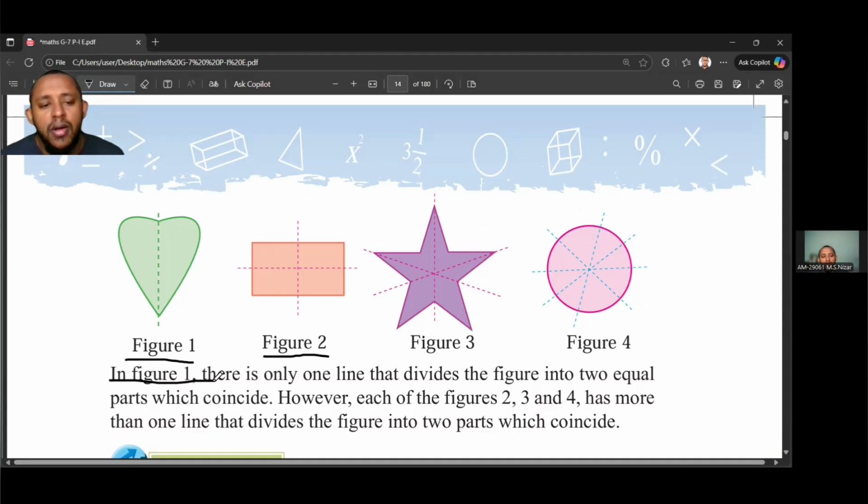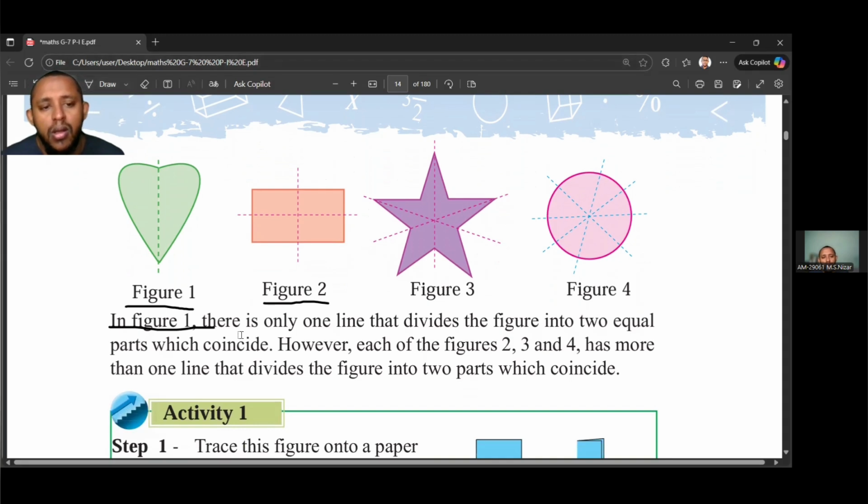So in figure 1, there is only one line. You can see there is only one line that divides the figure into two equal parts which coincide properly. However, in each of the figures 2, 3, and 4, there is more than one line that divides the figure into two parts which coincide, right?